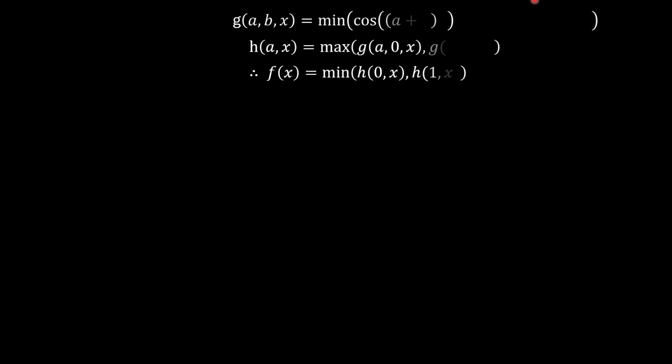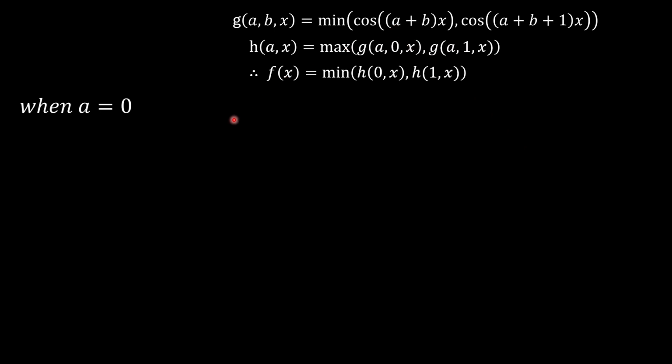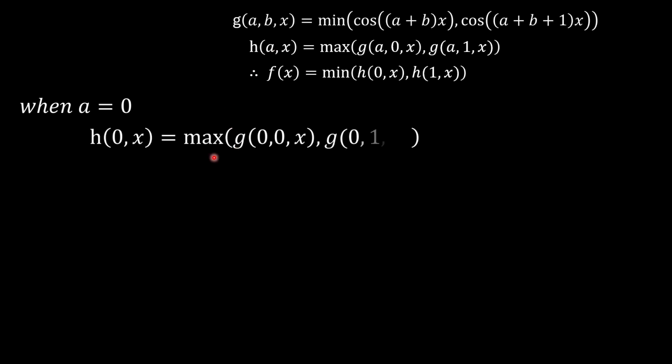So this is the summary of where we've reached, and let's begin when a equals 0. When a equals 0, this h here, we have a maximum of g(0, 0, x) and when b equals 1, g(0, 1, x).